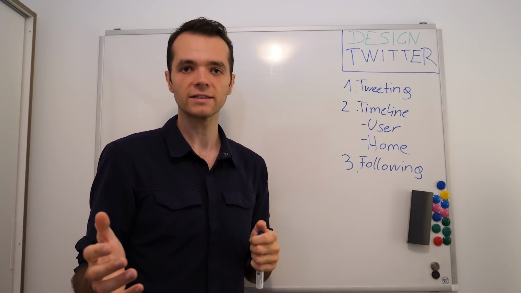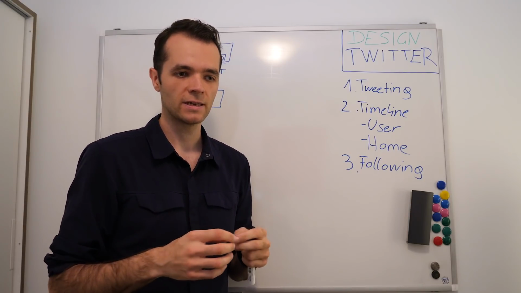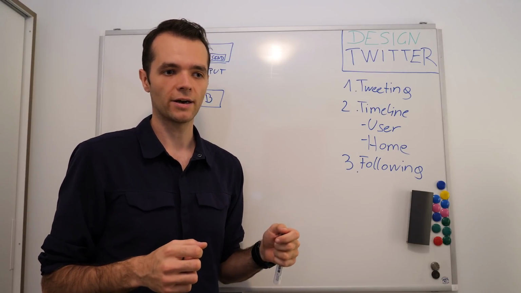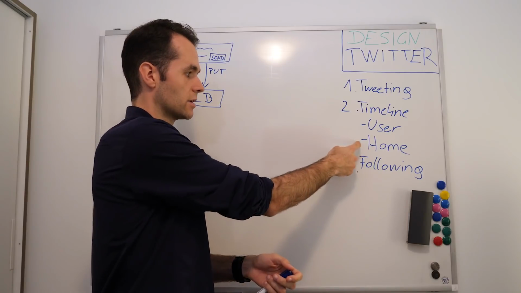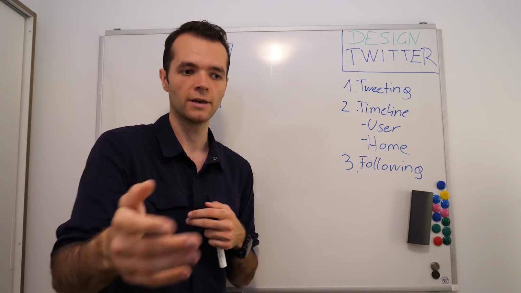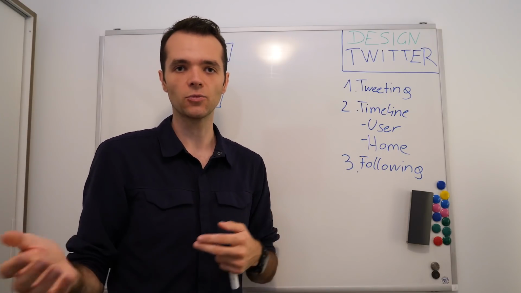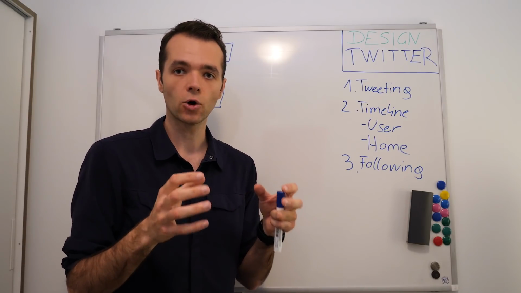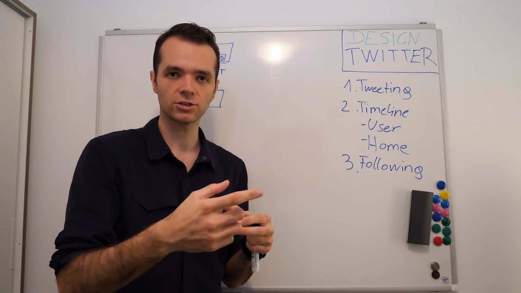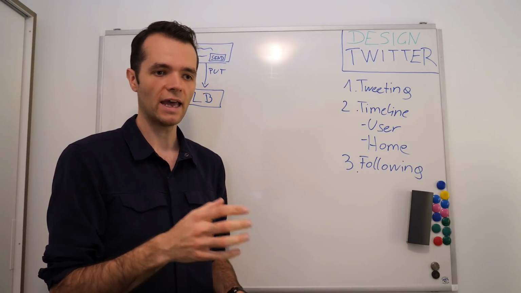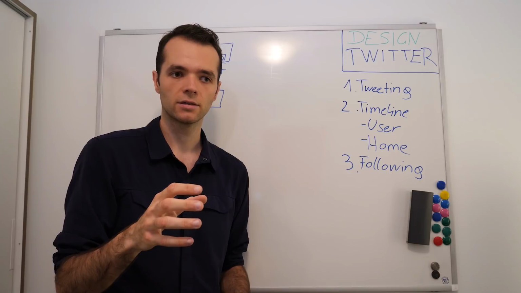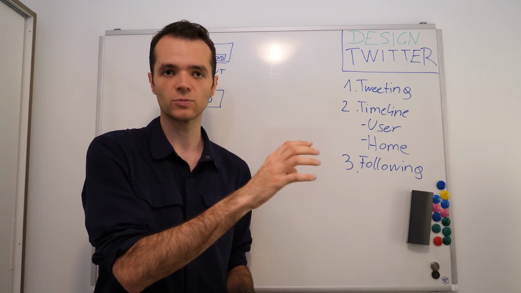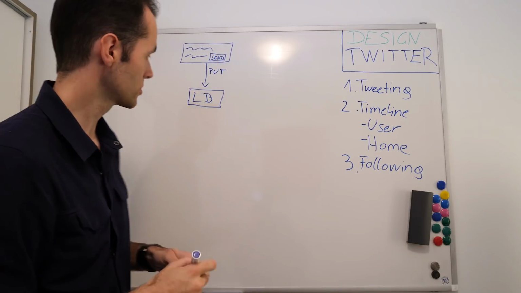So this sounds crazy at first moment because it means they pre-compute something and they store something in memory where we don't even know if that person that is following you accesses Twitter in the next few minutes. Maybe he doesn't look at Twitter in the next few days. And still, his home timeline is getting refreshed and recomputed every time somebody this person follows updates or posts a tweet. So this will look like this.